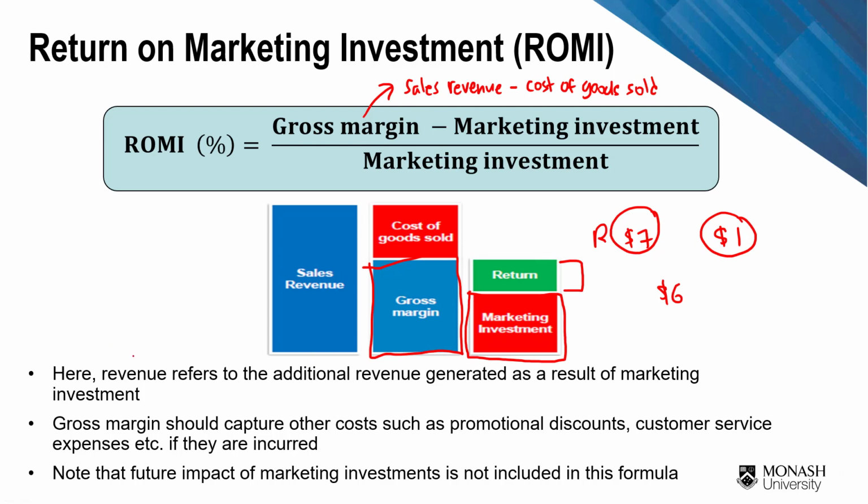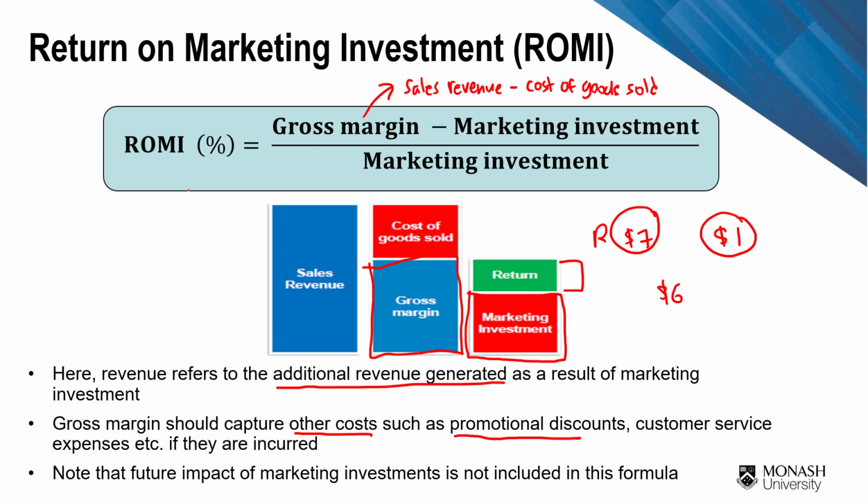You can see in here that revenue refers to additional revenue generated as a result of marketing investment. So we want to see the excess, which is the green line right there. The gross margin captures other costs such as promotional discount, customer service, and so on. And again, future marketing impact is not included in this formula.